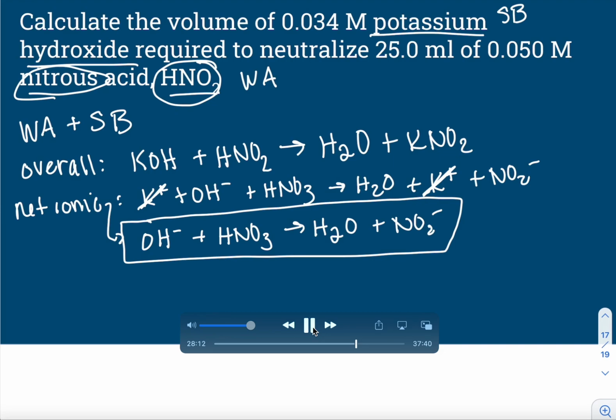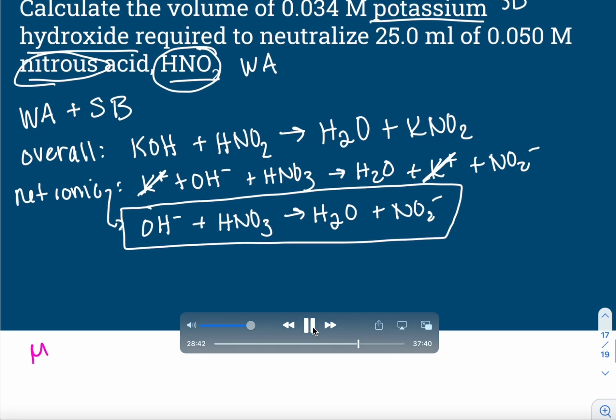The reason is that if one of them's strong, so here we have a strong base, it's so strong it's going to rip off all the H's from that weak acid anyway. So we don't have to worry about what happens when it's weak and weak. With weak and weak, we care a lot about Ka and Kb, so we'll get to that later. Just an FYI, if you see that in one of these problems where one of them is strong, you can just ignore it.